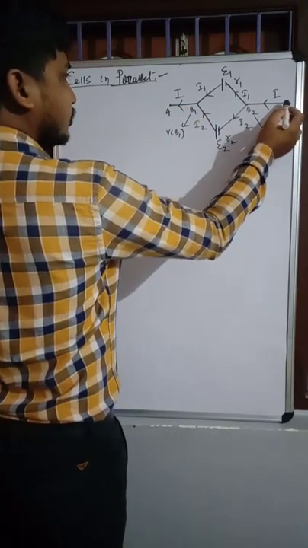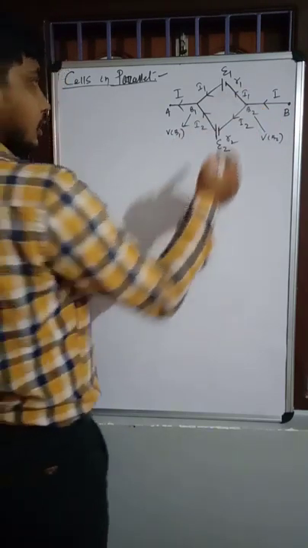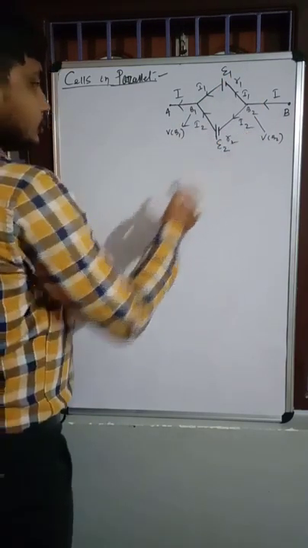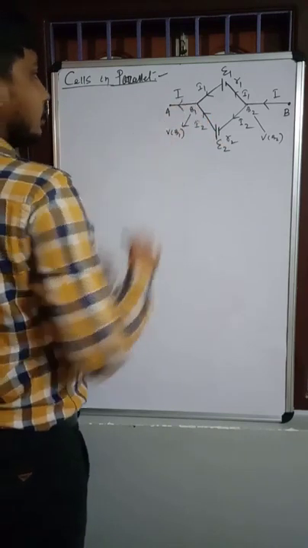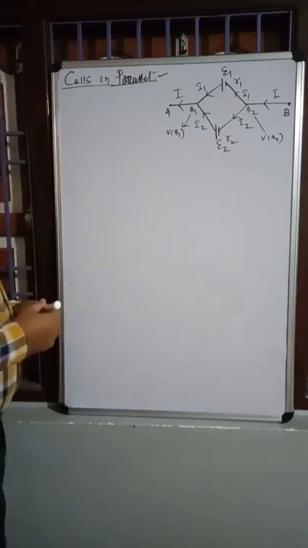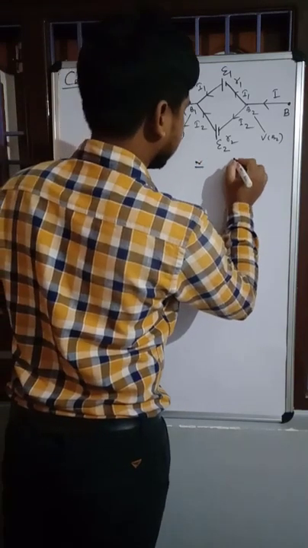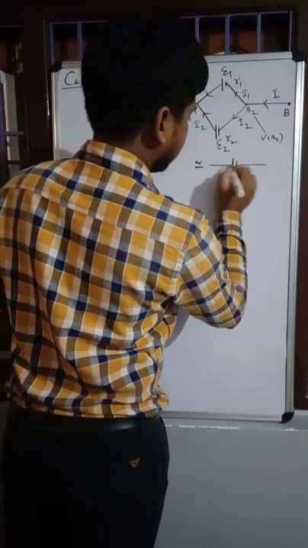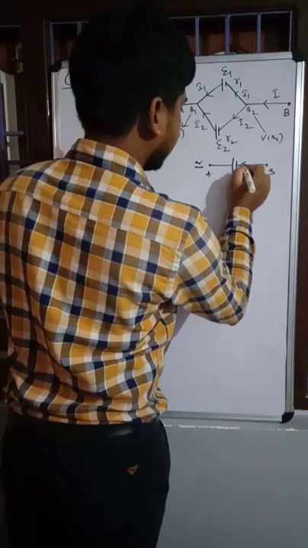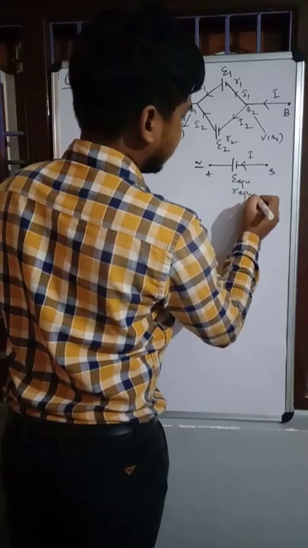If I take the current flowing in this direction, then at this point B2 it will be divided into two parts. Let I1 be the current flowing through the cell E1 and I2 the current flowing through the cell E2, and again they join and you get the net current I. If you draw the equivalent circuit for these two cells, it will be like this, joined across the points A and B, having EMF E equivalent and internal resistance R equivalent.